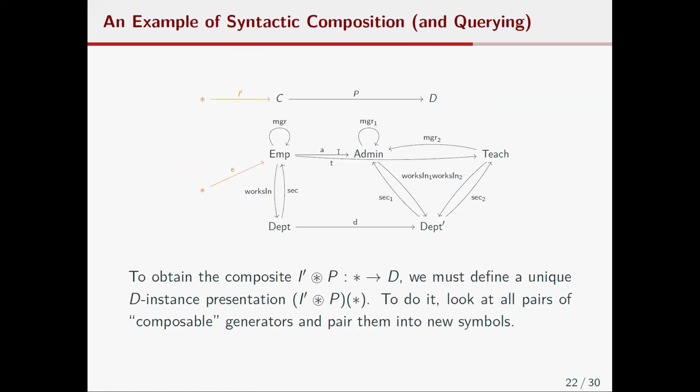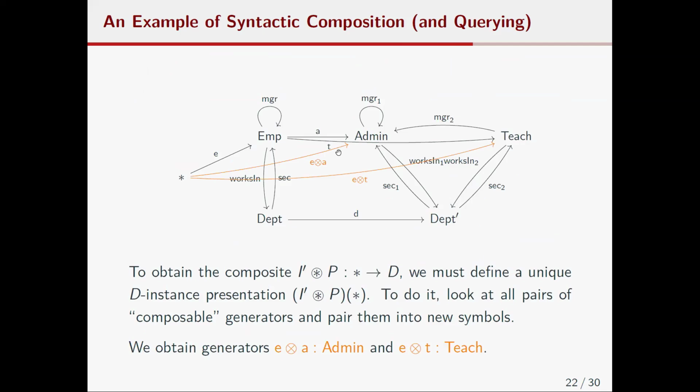And the idea, more or less, is that we look at pairs of composable generators and we tensor them. So we obtain a new generator that we write like this with a tensor notation.